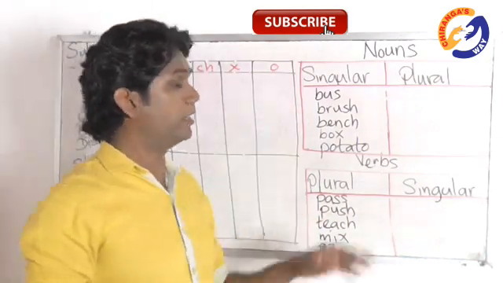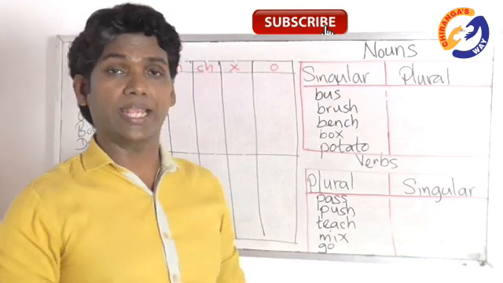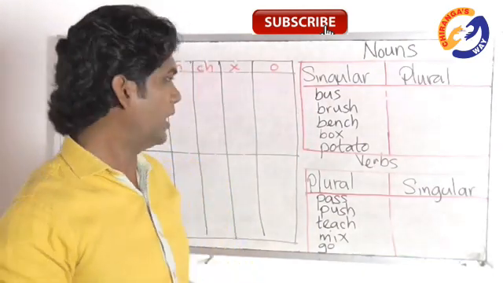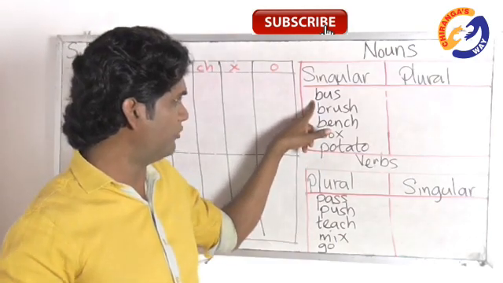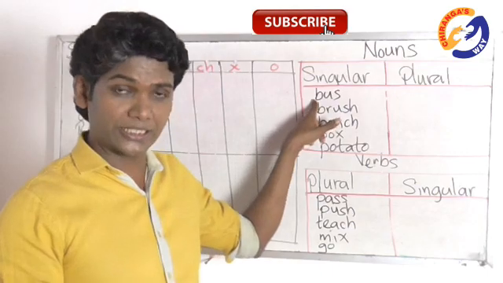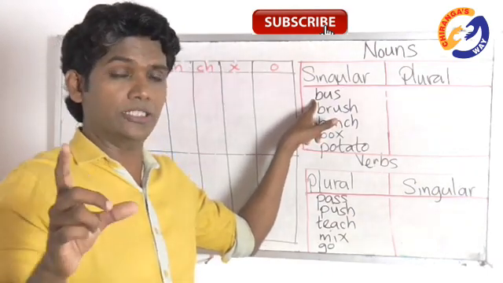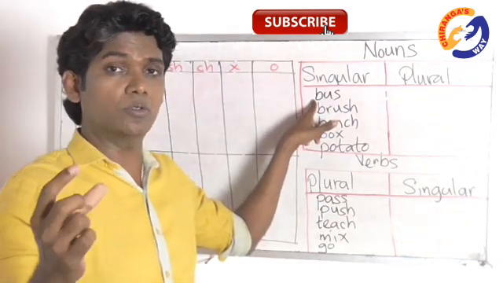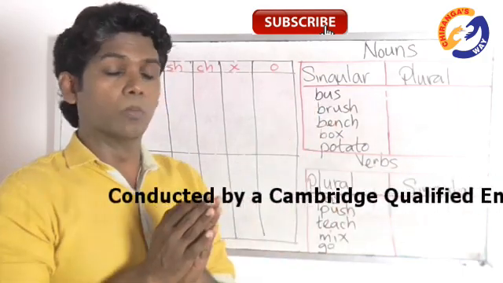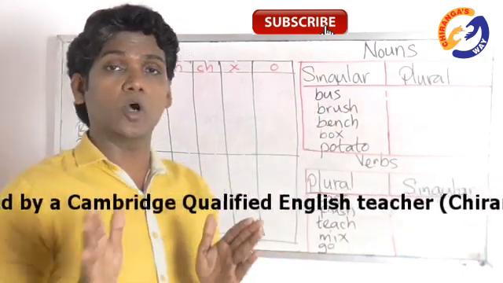Okay, our normal way is to add an s to make a noun plural. Let's add an s here and check if there is any difference in sound. When you say bus, you are adding another s. There is no change in the sound, right? Bus. But when you say boy, adding s, that becomes boys.